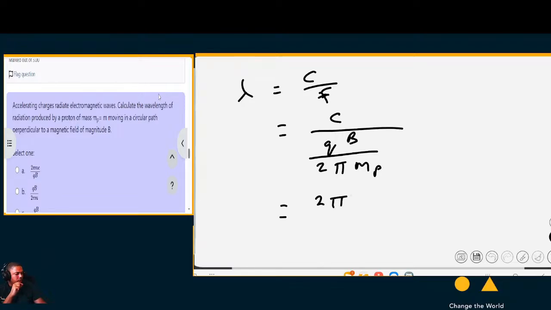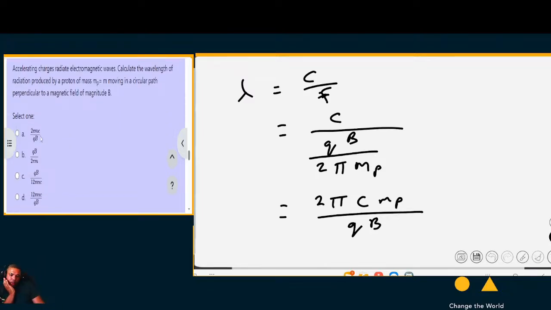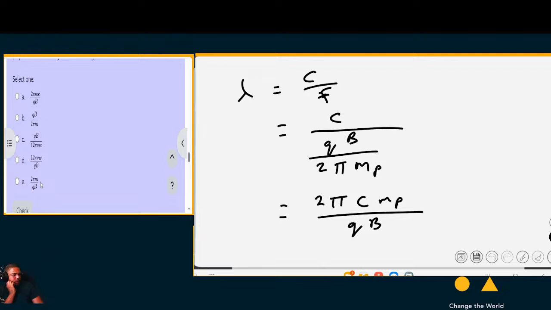Flip this around, so it's 2 pi c m_p divided by qB. So 2 pi m_p c over qB.